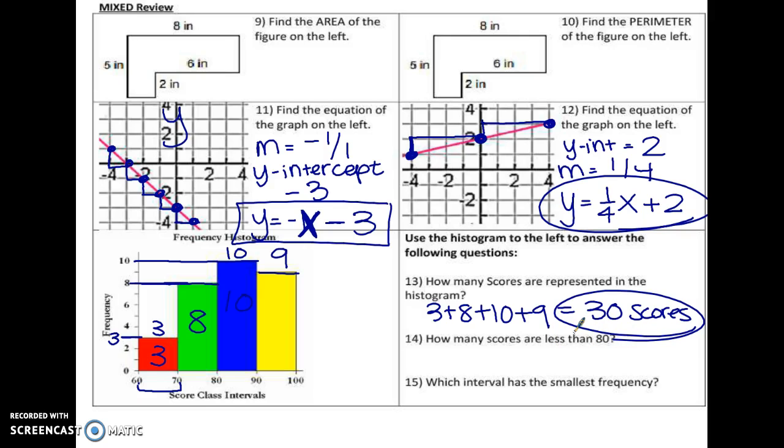How many scores are less than 80? So we're looking less than 80. So everything this way, both of those are included, so that's 8 plus 3, which is 11. 11 scores are less than 80.